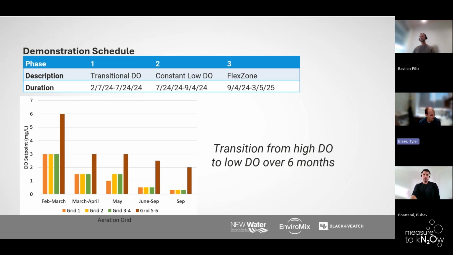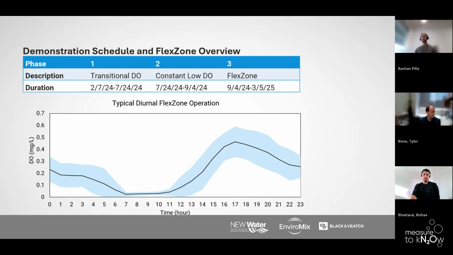Next slide, please. This graph shows DO versus a typical diurnal period. So we have low loading during the morning hours and higher loading during the early evening. And as such, the flex zone controller will vary the DO set points accordingly based on loading. Next slide, please.